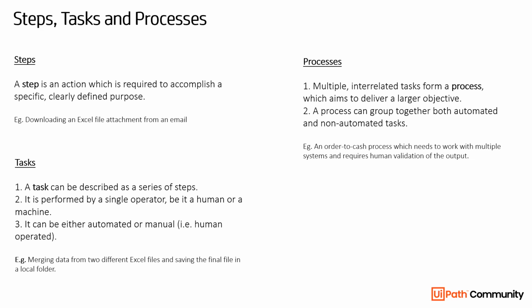So all is becoming a task. A step is some smaller part, and a group of steps makes a task, right? So a step is nothing but an action required to accomplish a specific purpose. For example, downloading an Excel or reading some email. Those are the scenarios that fall under your steps.